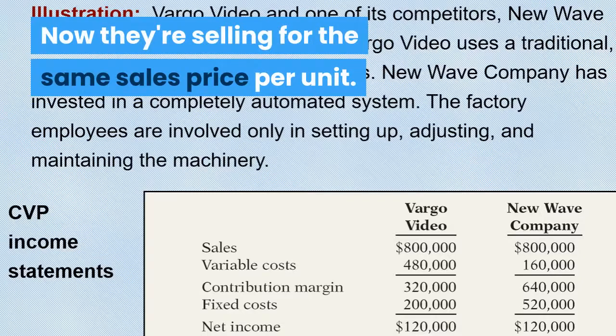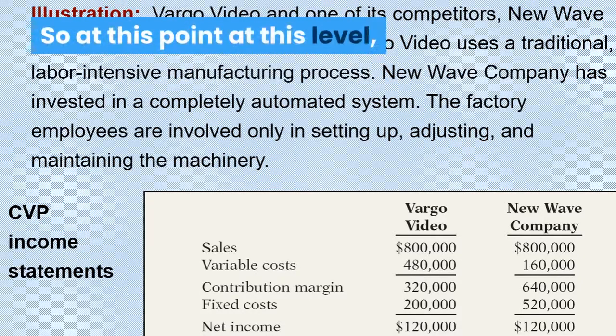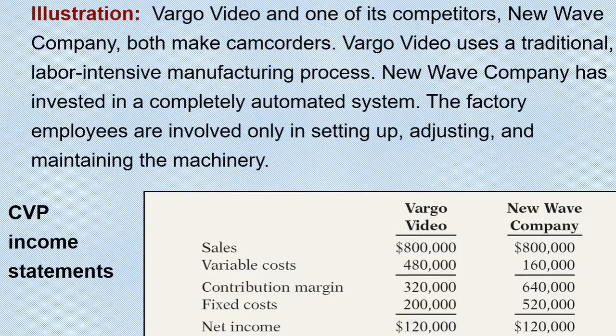NewWave Company has invested heavily in an automated system. The factory employees are involved only in setting up and adjusting and maintaining the equipment. So now let's look at their statements. At sales of $800,000. Now they're selling for the same sales price per unit.